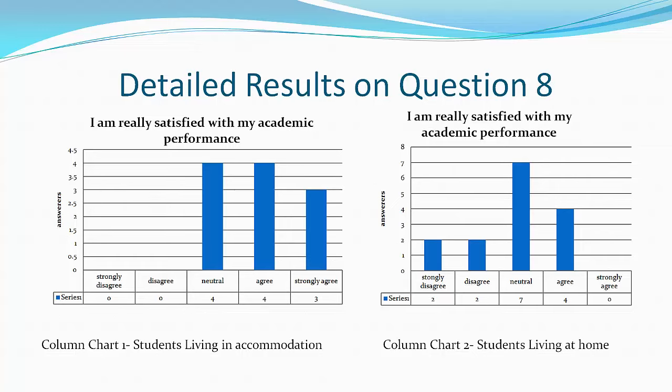So students living at home indeed are not very satisfied with their academic performance. We think that students living in accommodation actually perform better than students living at home. That's what these results say.